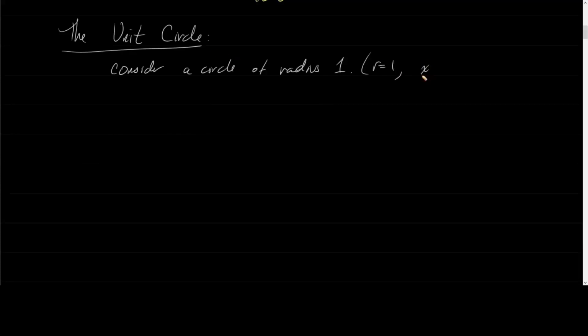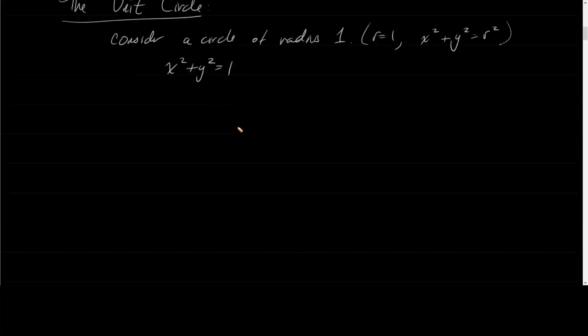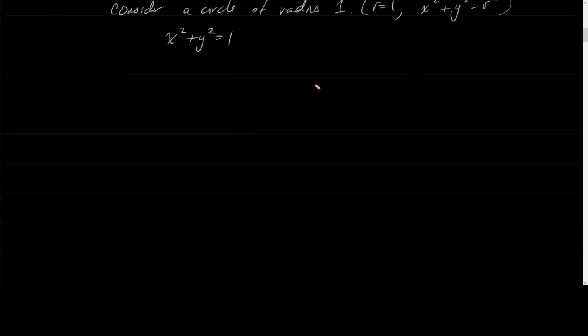If you recall, a circle would be something like this if it was centered at the origin. All right. So what we're going to do here is let's draw a circle. So we're going to have x squared plus y squared is equal to 1, right? Because our radius is 1 and 1 squared is just 1. And we end up with the following circle.